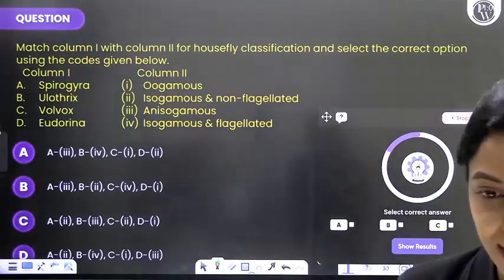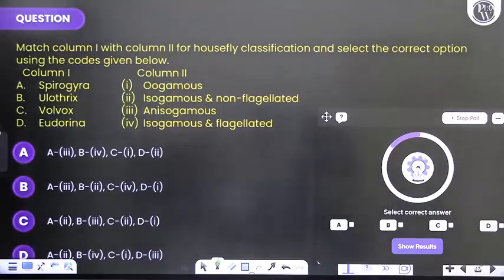Look carefully and answer. I'm getting mixed response.